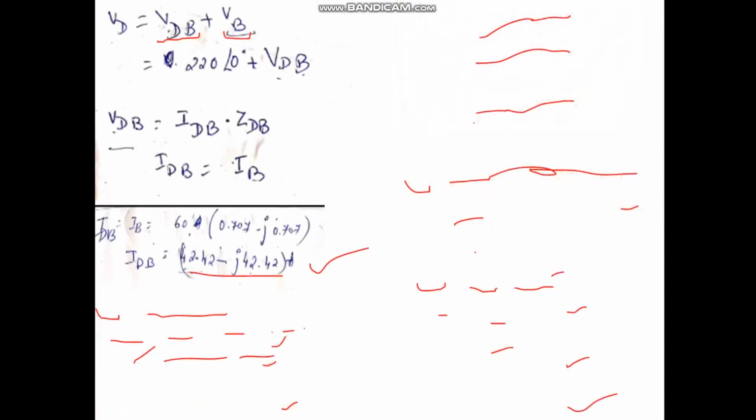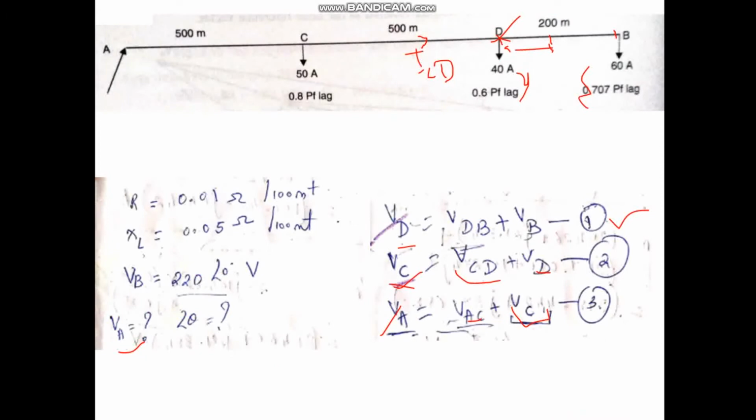IAC, if you come back here, is this branch current. If I consider this as the main current I, it would be coming to this node and getting branched. So I can write it as I1 plus I2, which is 40 amperes at 0.6 power factor lagging, and I3, which is 60 amperes at 0.707 power factor lagging.